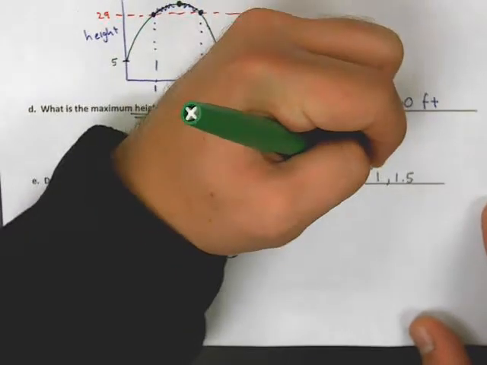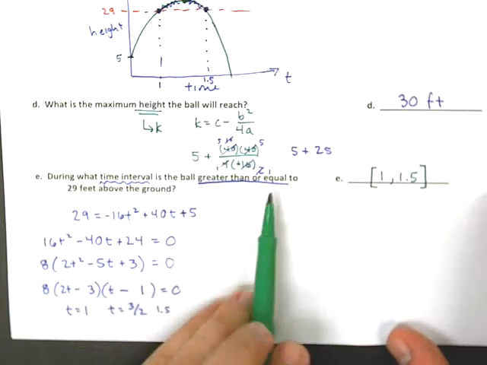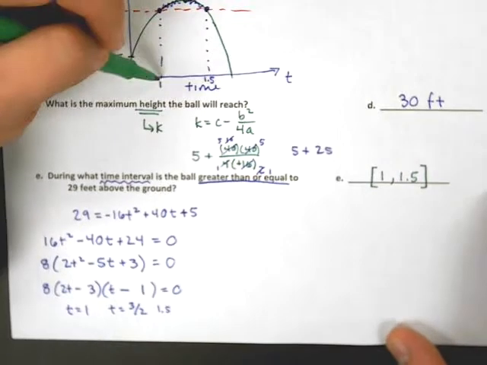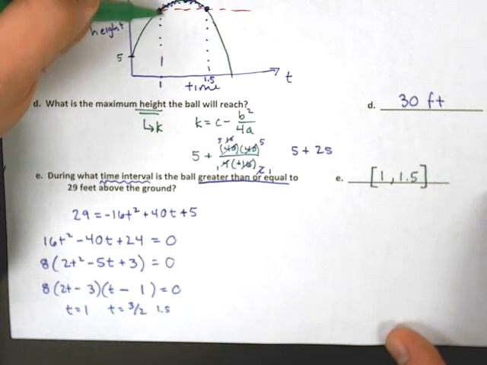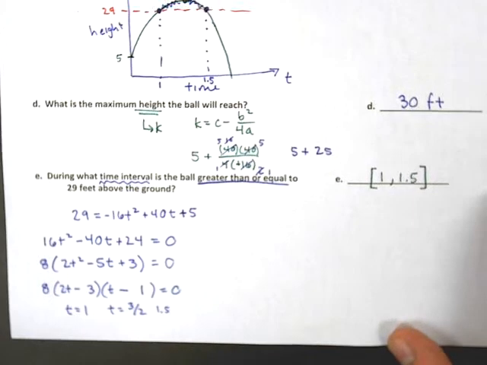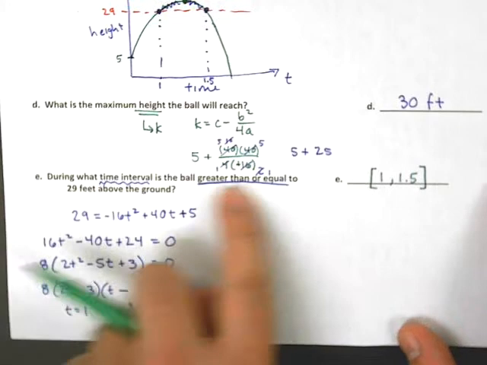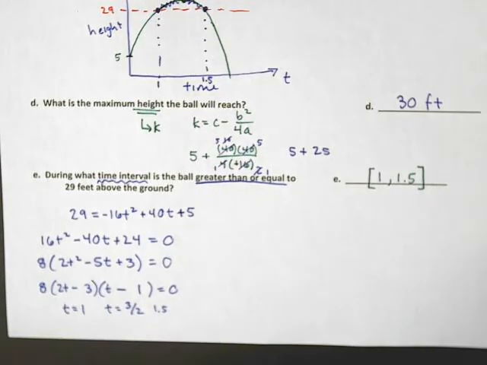And the answer is I close them because it's allowed to equal 29. At a time of 1, it's exactly 29. At 1.5, it's exactly 29. And that is okay because of our statement. All right? Okay. Last page. We're getting there.